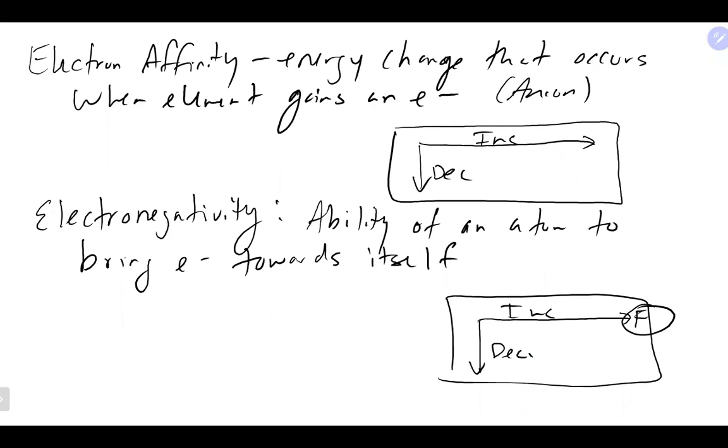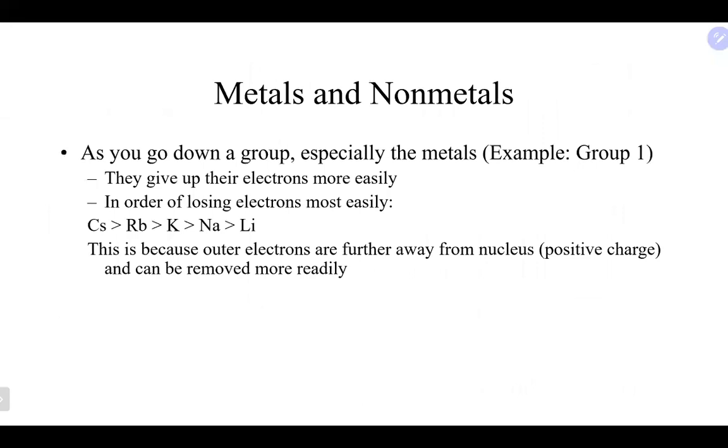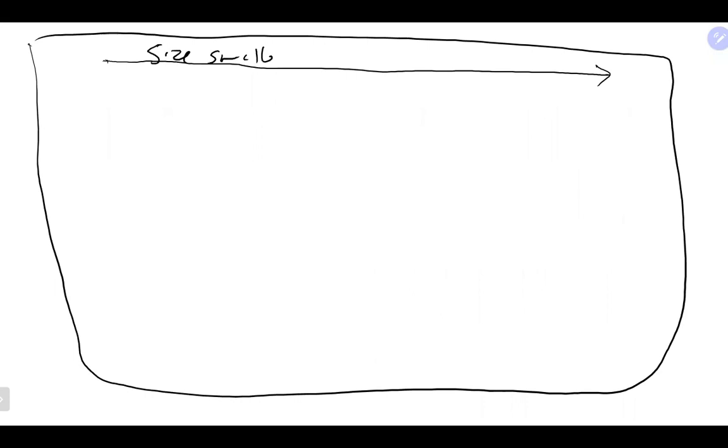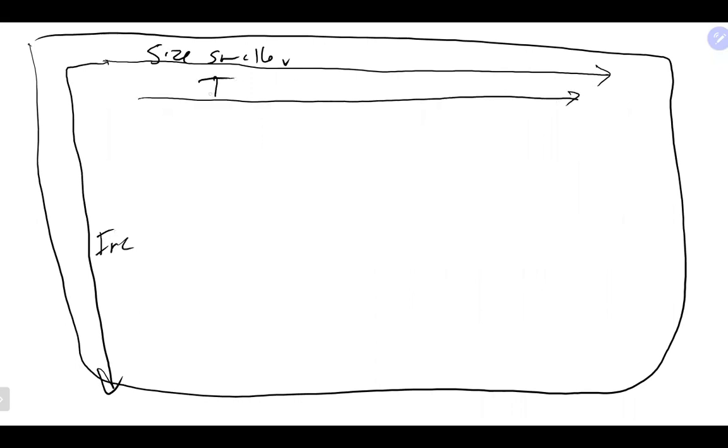So these are some important trends on the periodic table, and let's put them all together here. If we draw a big periodic table, also known as a big box, I suppose, as we go up and to the right, the size gets smaller and gets larger as we go down. As we go up and to the right, the ionization energy, which is the energy to remove an electron, increases, and as we come down, it decreases.